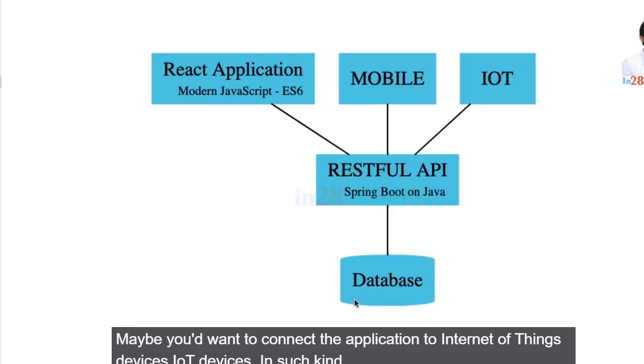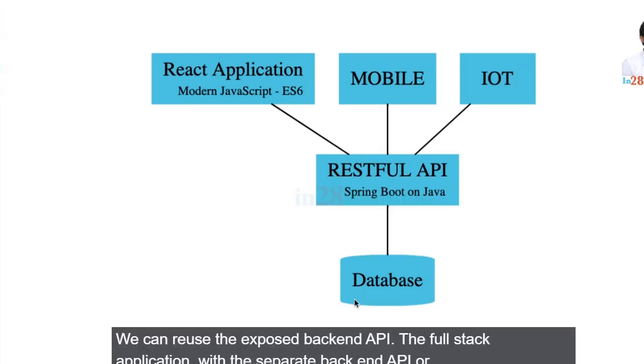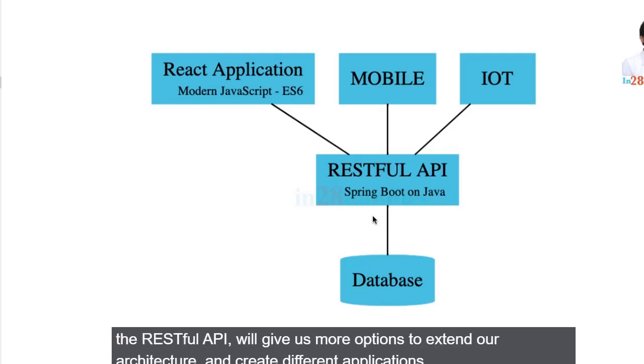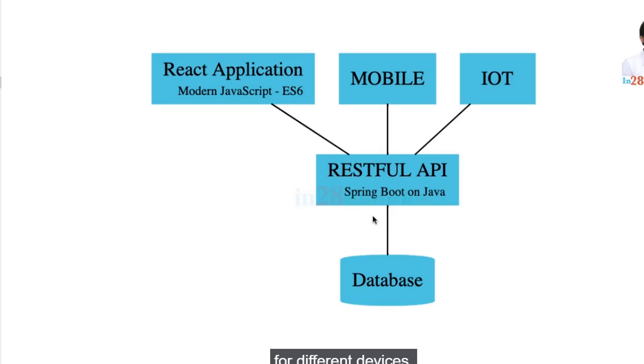In such situations, we can reuse the exposed backend API. The full stack application with a separate backend API or the RESTful API will give us more options to extend our architecture and create different applications for different devices.